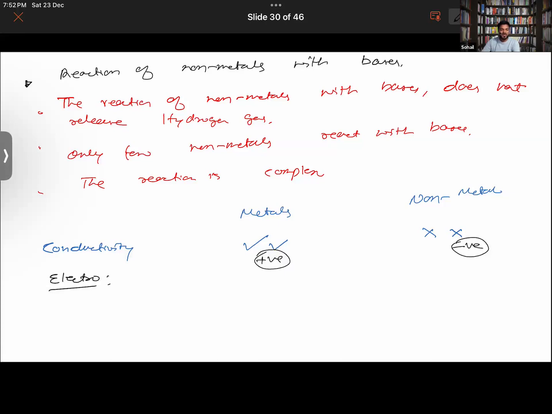For example, oxygen. Is oxygen a metal or non-metal? Non-metal. Now carbon, the graphite. Is graphite a metal or non-metal? Non-metal. But graphite, being a non-metal, still conducts electricity. What were some of the examples of non-metals?